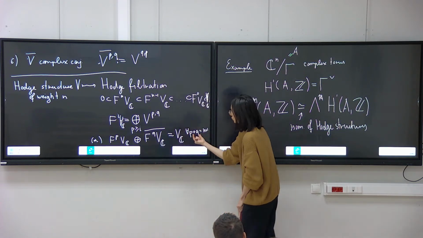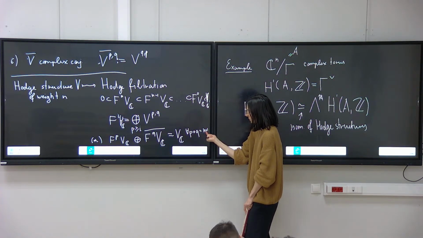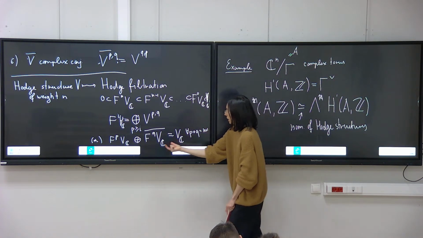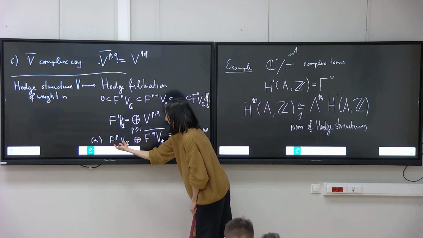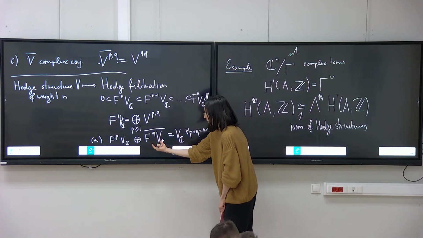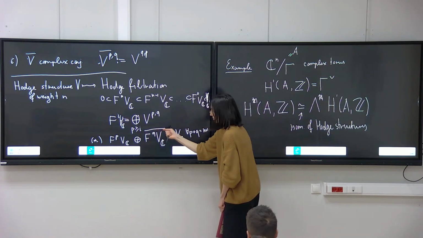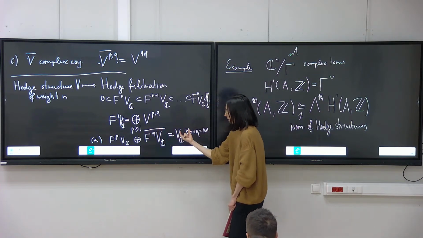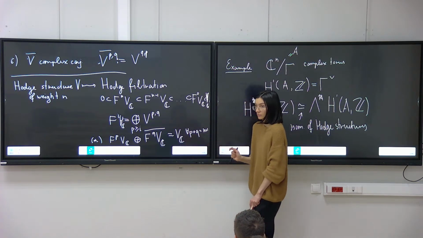So if we take two numbers p and q such that their sum is equal to n plus 1, then we have the following property. If we take this complex subspace, and take its conjugate, then we obtain the whole vector space.